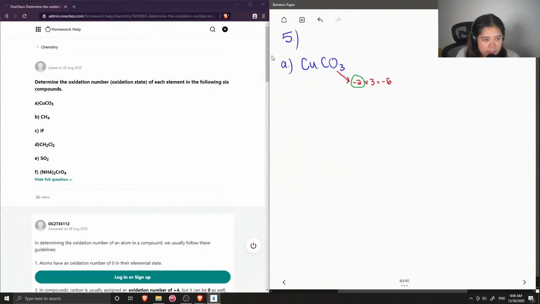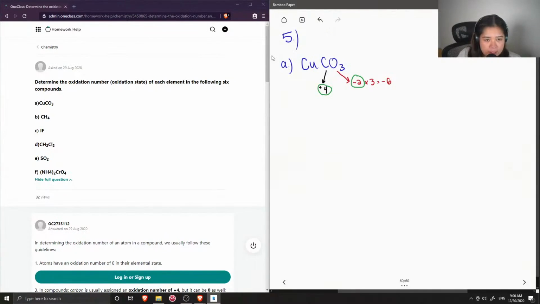oxidation number is -2. And then in the case of the carbon, one of the rules said it typically has an oxidation number of +4. So I'm just going to write that in, since it is likely to be +4. And now notice that we know carbon's oxidation number is +4 and oxygen's was -2 times 3.